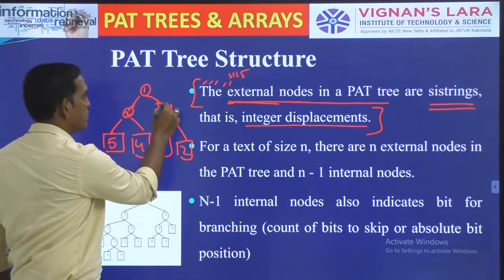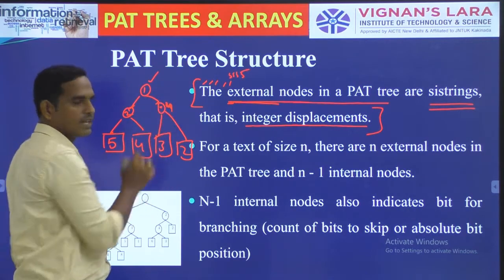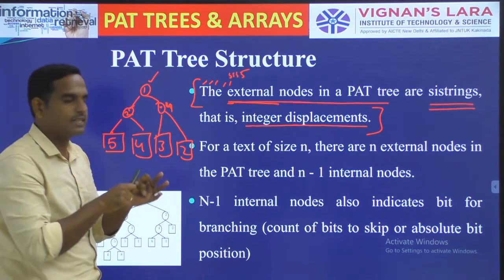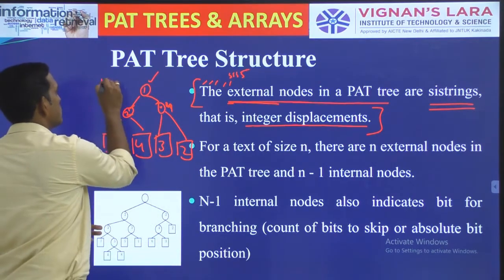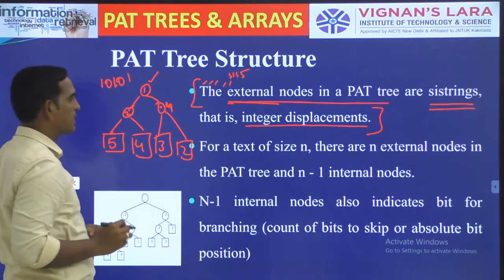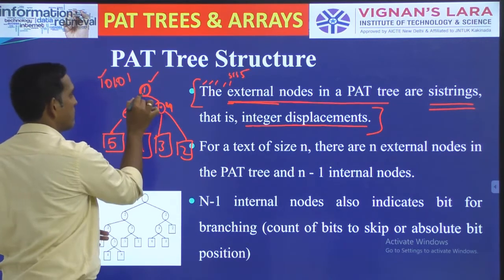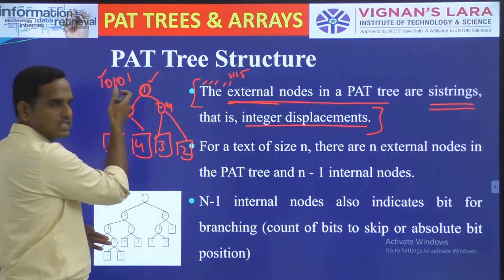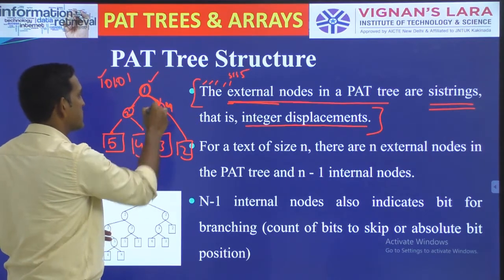If I specify 4 here, after searching the first bit, I can skip the second and third bit and search for the fourth bit. What this means: if I try to search 1 0 1 0 1, initially I will search the first bit. Since it is a 1, I have to branch to the right-hand side, so I will go to this place.